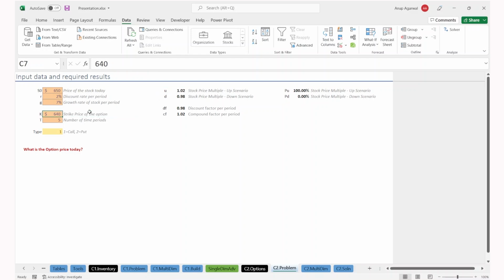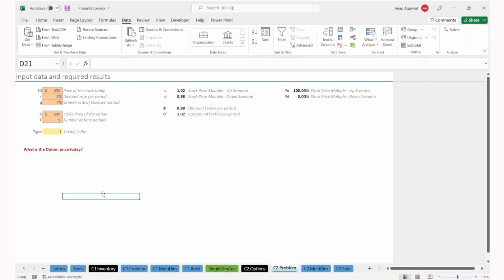Whatever words I'm using are a little simplistic, but I think it helps explain them. Okay, so then this is the strike price of that option, and then what is the time? Using these inputs, again, there are some mathematical relationships. For now, let's say these are given, that in an upside scenario, the stock moves 1.02 times, and in a downside scenario, the stock moves 0.98 times.